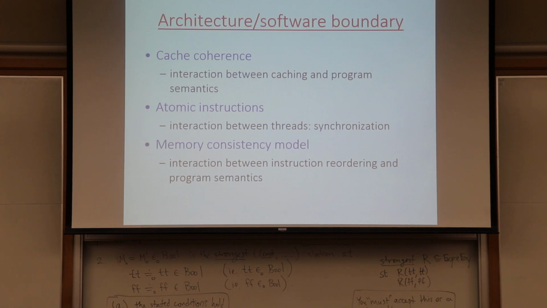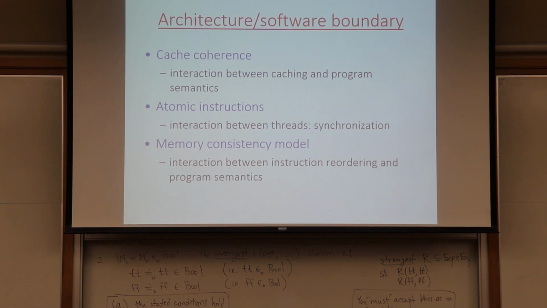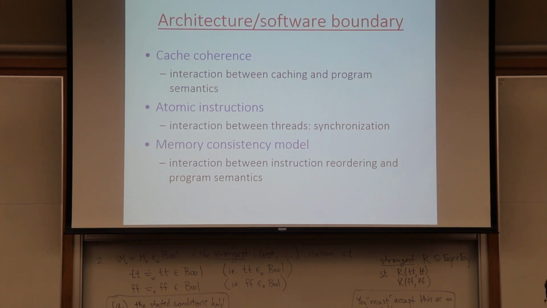So I'm going to show you a bunch of cartoon pictures and so on in order to explain these basic concepts. So cache coherence essentially has something to do with the interaction between caching and program semantics. So what it says essentially is unless you worry about something that's called coherence, the fact that you have caches in your cores may change the semantics of the program. And that's very different from what we do for sequential programming. For sequential programming, you can essentially ignore caches if all you're interested in is the semantics.